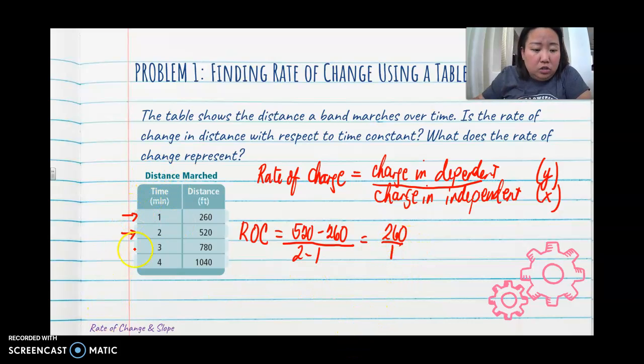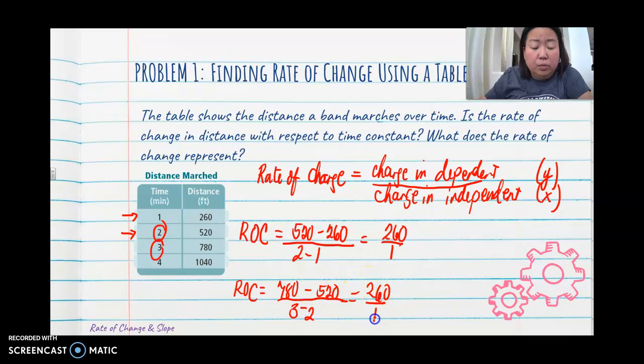Okay, so let's try 3 and 2. Is the rate of change for that pair going to be 260 over 1? So we have 780 minus 520, and this time our x values will be 3 minus 2, and you will see it's going to be 260 over 1.